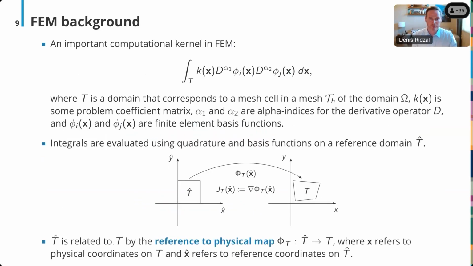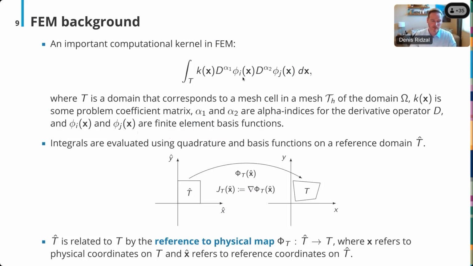All right, so just some finite element background, as much as we need to get all the concepts straight. Here is an important kernel in finite element methods. It's this integral computation. T here is a domain that corresponds to a mesh cell. Here, the phi's are the basis functions, finite element basis functions, and these are some derivative operators applied to those.